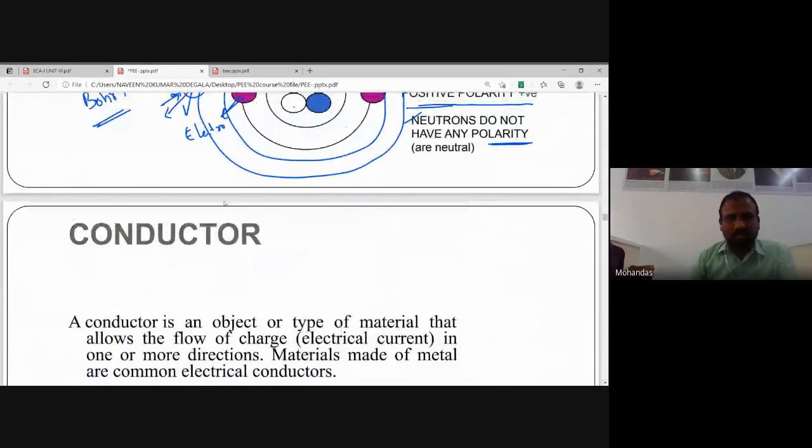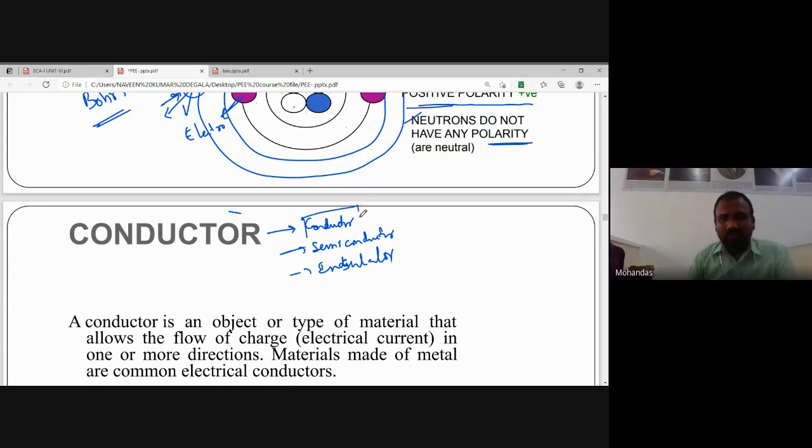All the materials are categorized into conductors, semiconductors, and insulators. If you take electrical engineering, the total electrical engineer is talking about the conductors only. Okay, so now let us see what I mean by a conductor.